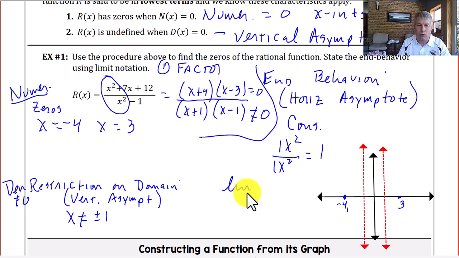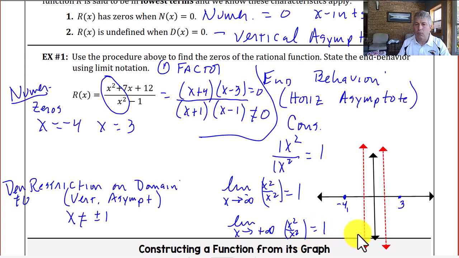So using limit notation, the limit as x approaches negative infinity of x squared over x squared equals 1. And the limit as x approaches positive infinity of x squared over x squared also equals 1. So we have a horizontal asymptote at, pardon me, y equals 1.